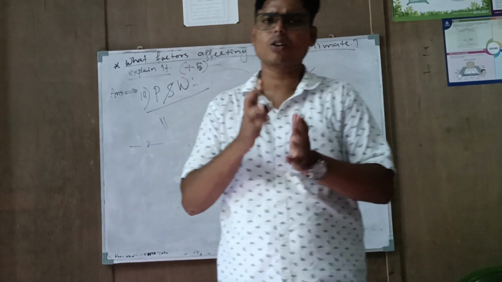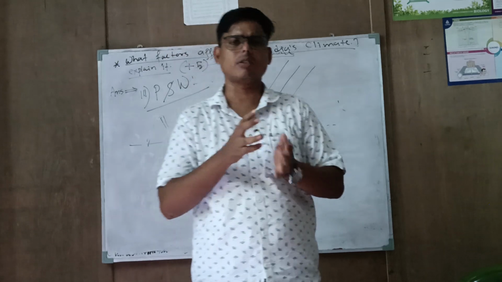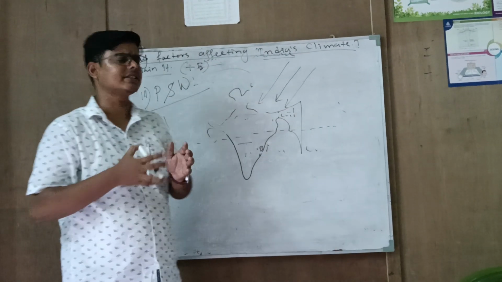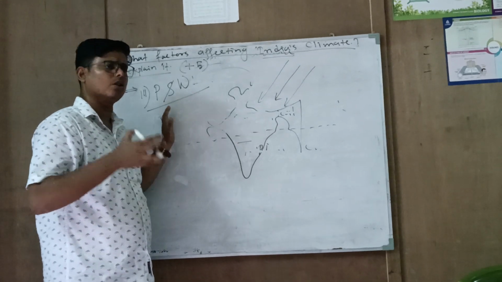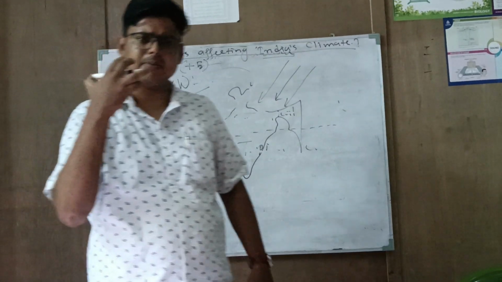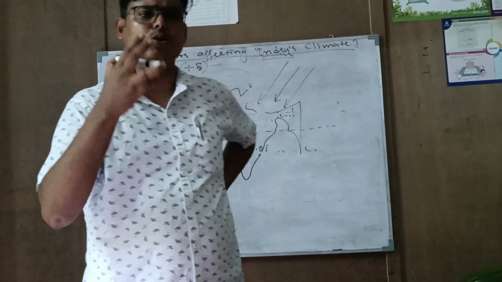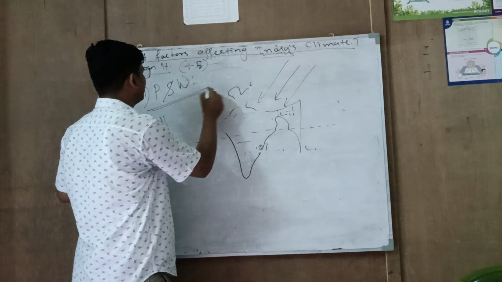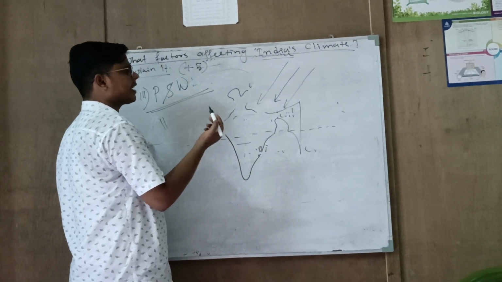The western cyclonic disturbance also controls our climate. Here I teach you one easy thing: the monsoon, that is, the advancing monsoon and the retreating monsoon. So this is easy to understand, that is how pressure controls our Indian climate.